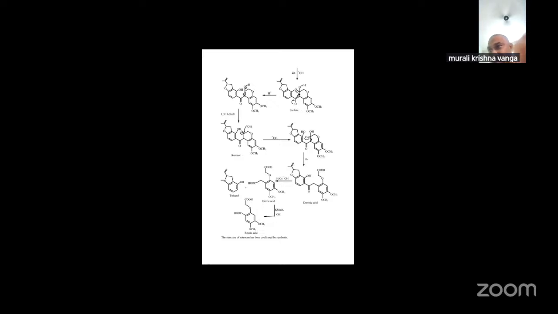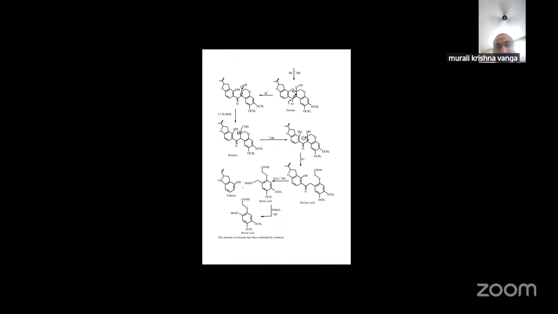In the degradation reactions, when rotenone undergoes dehydrogenation, an enol ester is formed. When rotenone undergoes oxidation with elimination of a hydrogen molecule, it forms dehydrorotenone. This dehydrorotenone undergoes hydrolysis to form rotenol. This rotenol again undergoes oxidation to give derric acid and rotubanol. When derric acid undergoes oxidation again, it forms resic acid as the product.